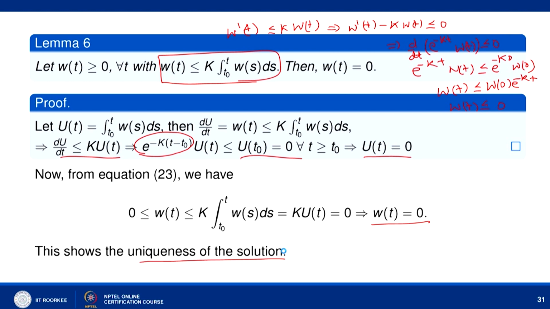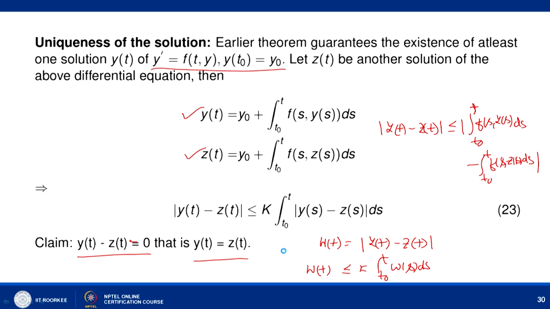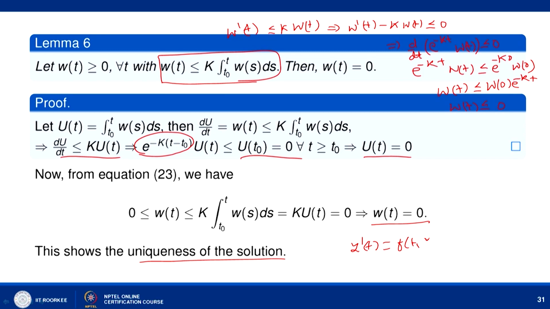So, in this lecture, first we have shown that y'(t) equal to f(t, y(t)) with the condition y(t naught) equal to y naught is equivalent to the integral equation y(t) equal to y naught plus the integral from t naught to t of f(s, y(s)) ds, and then we have constructed the approximate solution of this integral equation, and we have shown that the sequence of approximations converges to a limit y(t).